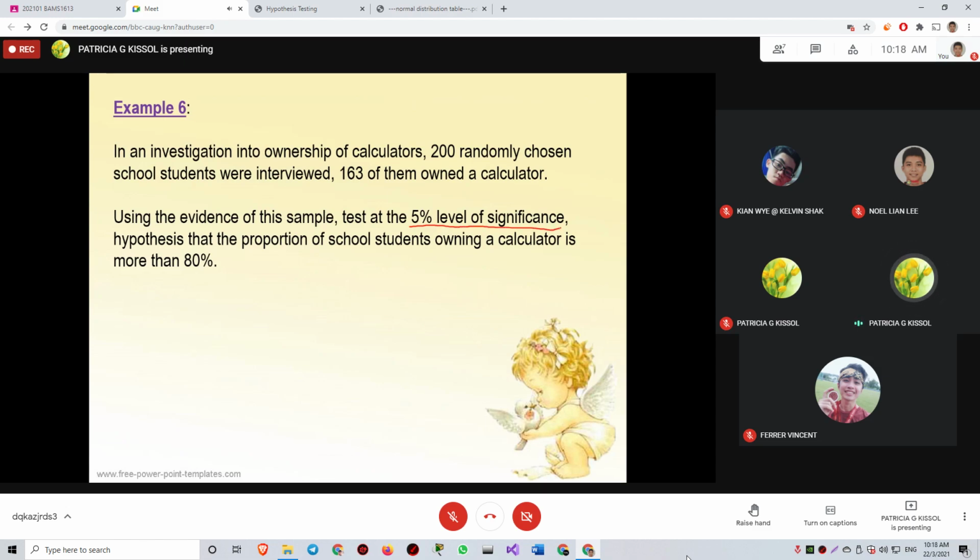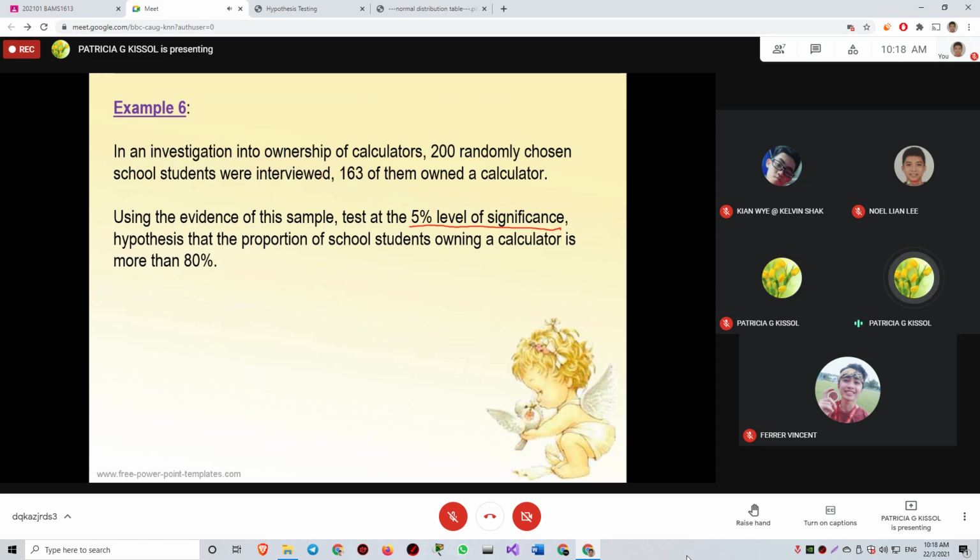You know it's a hypothesis question, and therefore, it's a population proportion. No value of mean, no value of standard deviation. If the value of the mean and standard deviation is given, and you know a 5% or whatever level of significance is given to you, you know it's a population mean question. But this one is a population proportion.